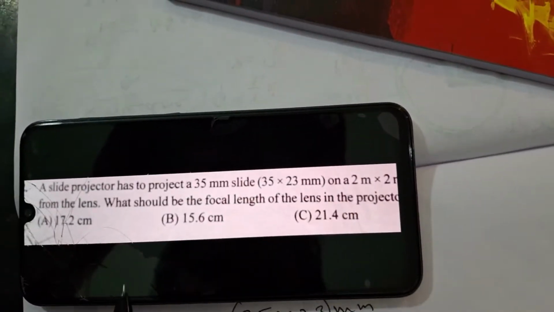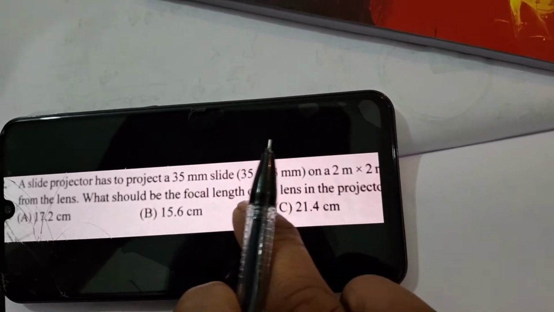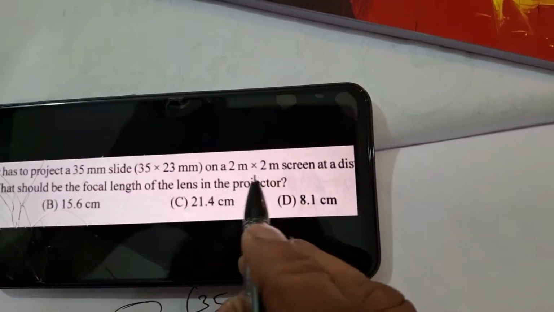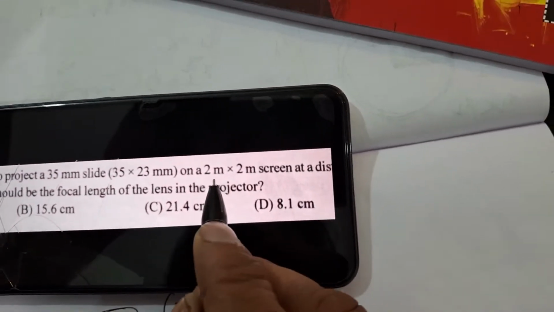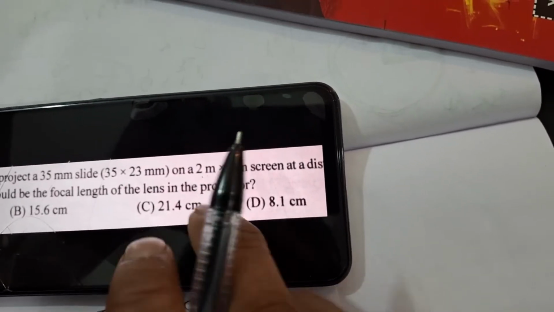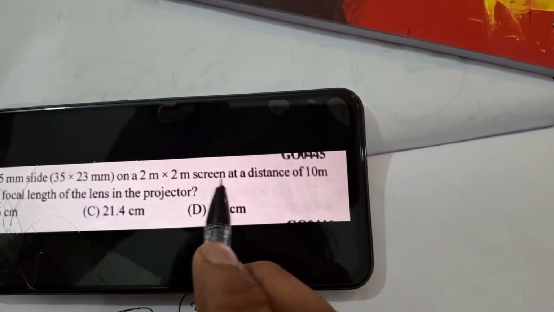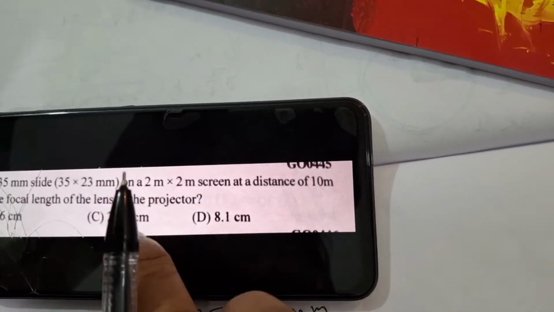You need to project a 35 millimeter slide. Since the wall is in a square size, you need to project on a 2 by 2 meter wall at a distance of 10 meter.